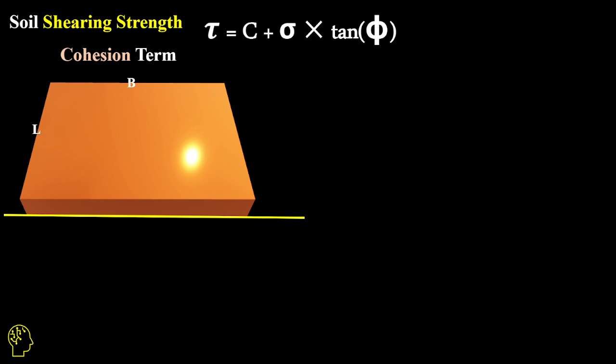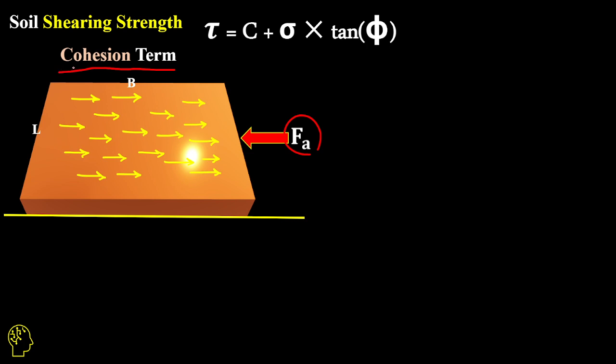So if you apply a horizontal force to a soil layer, you can easily see the first part of the resistance of that soil is due to cohesiveness of the soil.